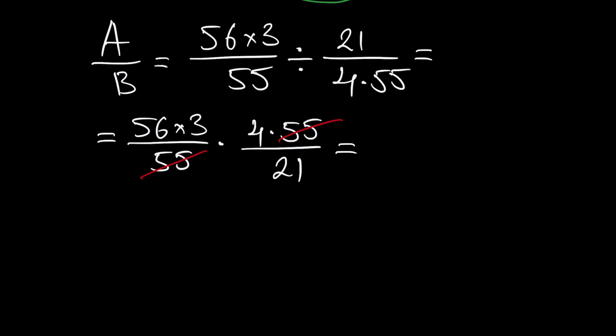We can divide 56 and 21 by the number 3. We can divide here 3 by 3 and have 1. Here we will have 7. So if we rewrite it, we have 56 times 4 over 7.